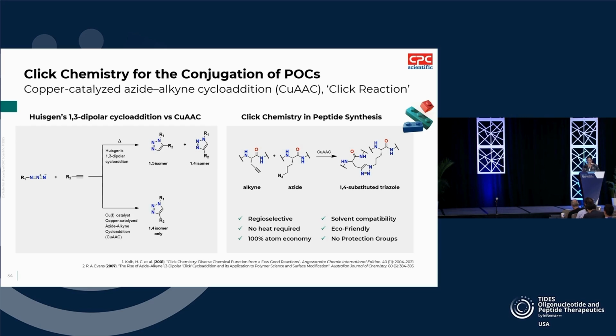While the original reaction forms a mixture of isomers under thermal conditions, click chemistry provides a highly selective, fast, and efficient synthesis with a single isomer. The copper catalyst drastically reduces the reaction time and enhances product yields, making this process much more practical and versatile for a wide range of applications.